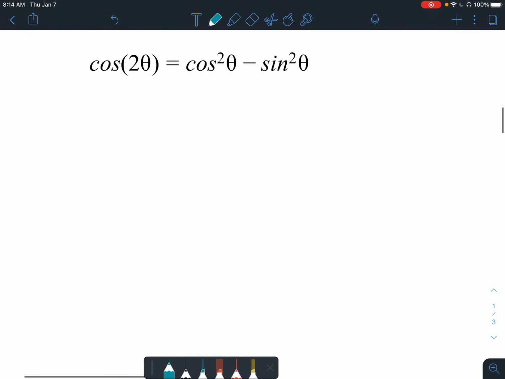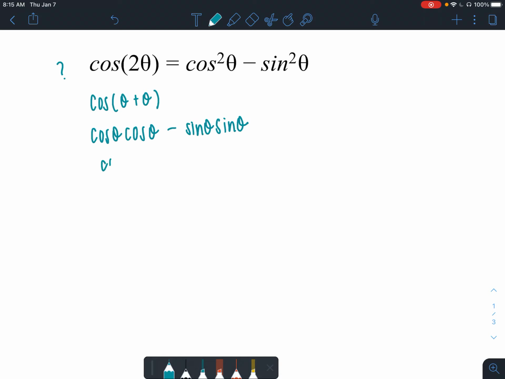All right, this next one you'd probably be able to do on your own. So I'm going to give you a couple seconds to get started on it. So we have cosine of theta plus theta. Then we can rewrite as cosine theta cosine theta minus, opposite sign for cosine, sine theta sine theta.